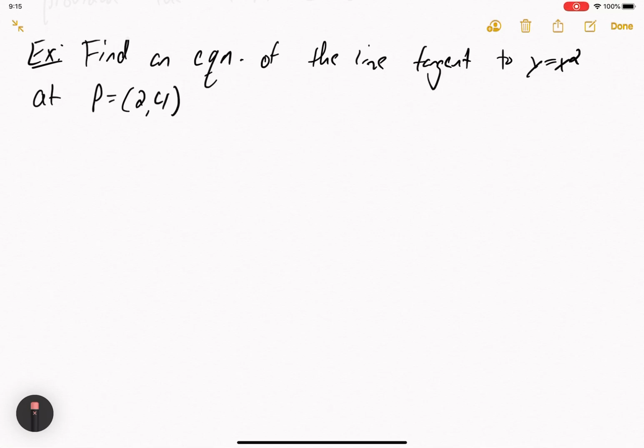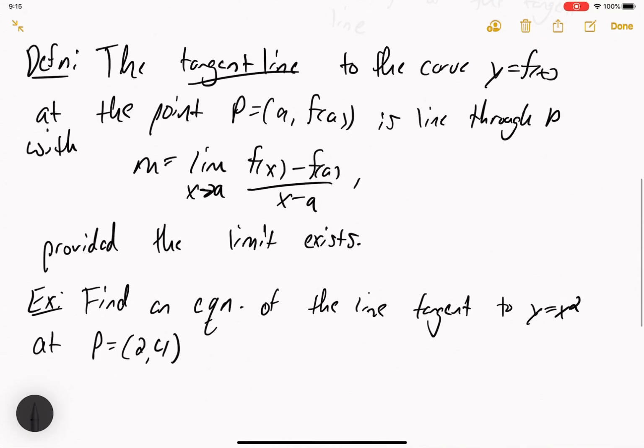So now what? Here, if we look at the definition, we have a is equal to 2. We had our f of x is equal to x squared. So now we can actually use that. Now we can use the definition to find the slope.